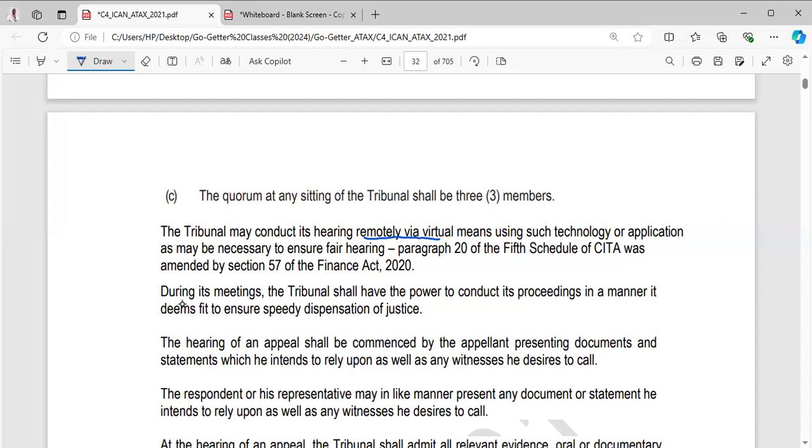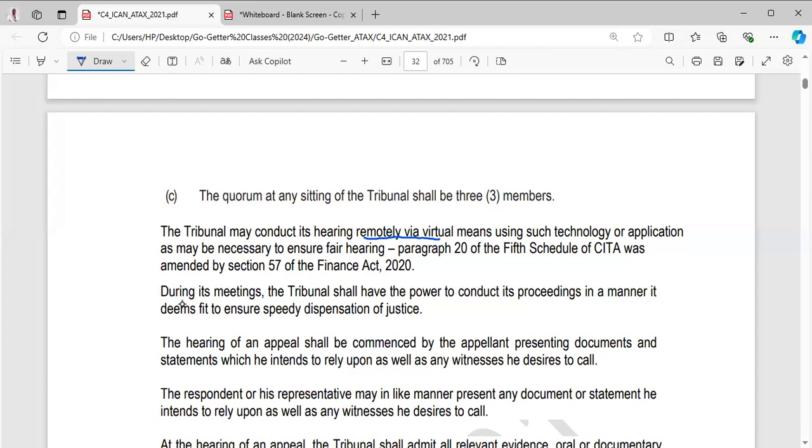They may use Zoom, Google Meet, Teams, Skype, anything they think is necessary if a physical meeting is not possible. This was made possible because of the COVID era, where people were told to do social distancing, and then they amended the law so that it could even hold remotely. This could help people from traveling that huge distance to come to the hearing. It could be recorded for control purposes.